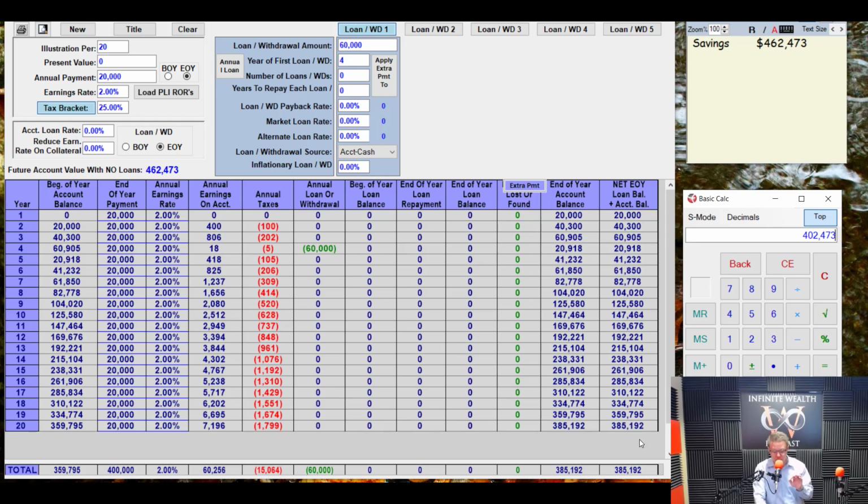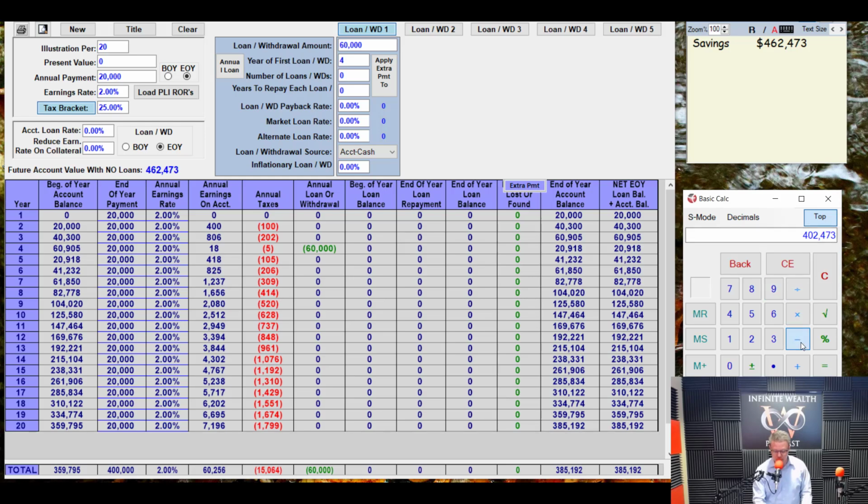So here's a question. Why do we not have 402, but instead we have 385? The difference is that $60,000, since we withdrew it from our account, we broke the compound interest curve, and so this is what we call the lost opportunity cost. The difference here is what that $60,000 would have earned over this time period.